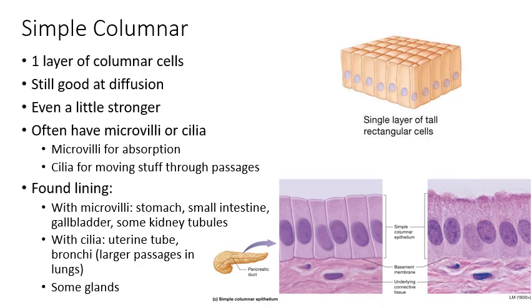You can find other ciliated simple columnar cells lining the uterine tubes, also known as the fallopian tubes, so that a fertilized egg will be moved from the ovaries through those tubes into the uterus. That way it can implant in the uterus where the baby would need to develop. You also would sometimes find a simple columnar epithelium that does not have microvilli or cilia lining some of your glands.